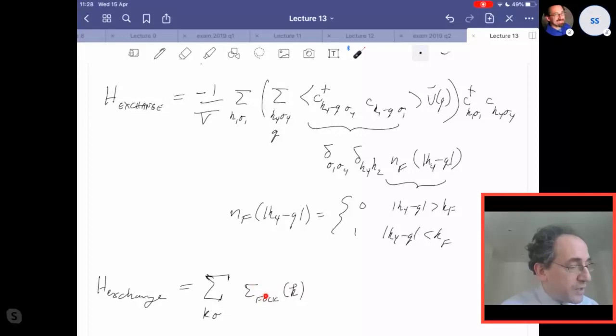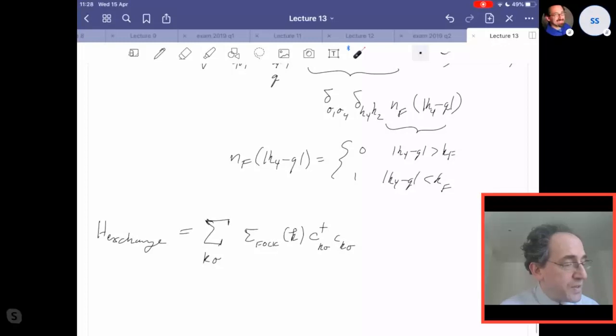It has a value, it's a number of K, and then C dagger K sigma C K sigma, where sigma Fock is going to be all of this stuff with this one sum left over out front. So let's just write out sigma Fock. This is minus 1 over the volume of the system.